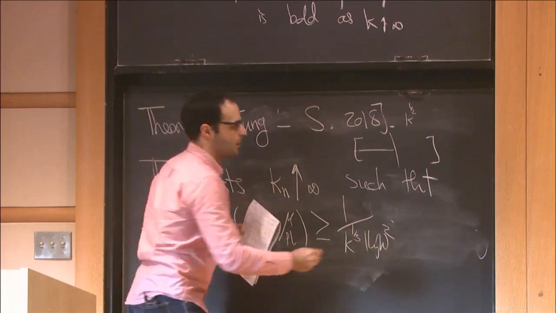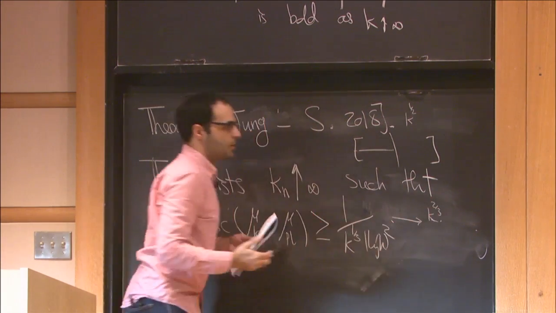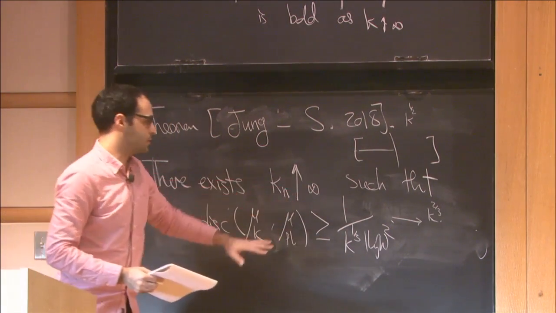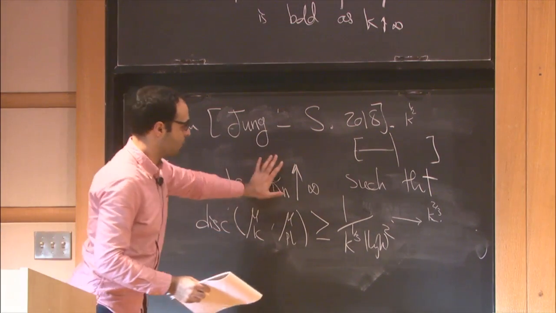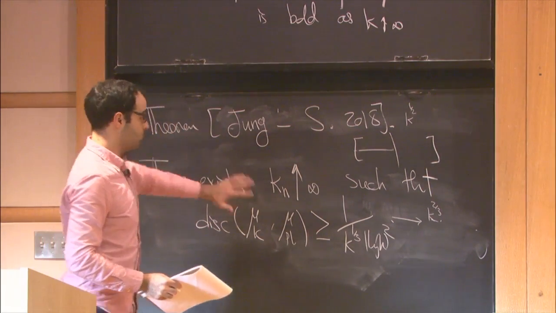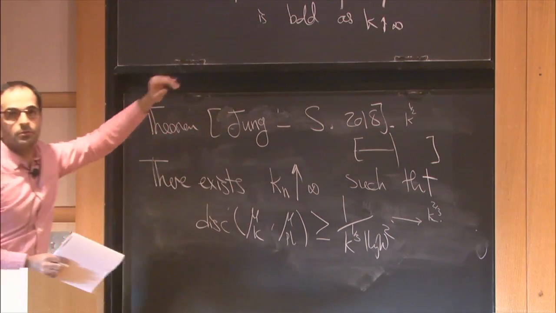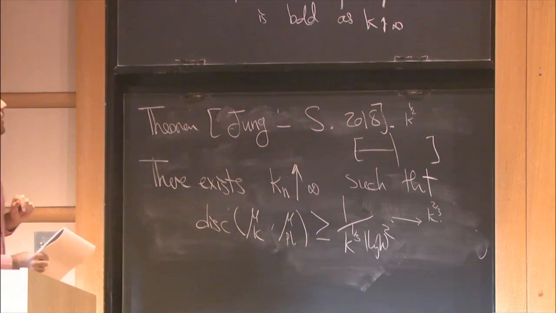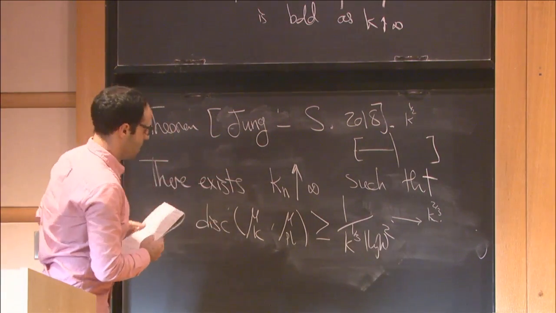But this lower bound gives us k to the 2/3. So they don't match with the distribution of random points. This is for an infinite sequence of weights, so we don't show it for all sequences. And in fact, I still believe for generic k, that should be true. But we disprove it for an infinite sequence of weights.